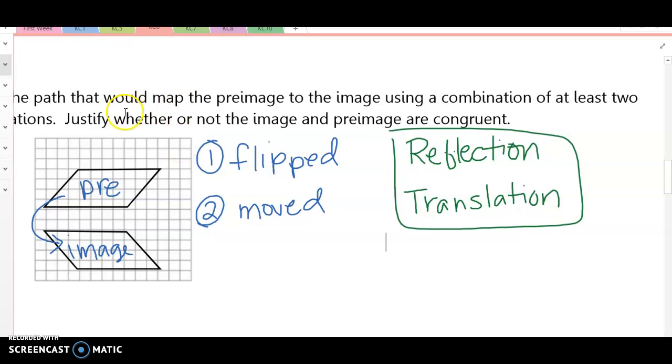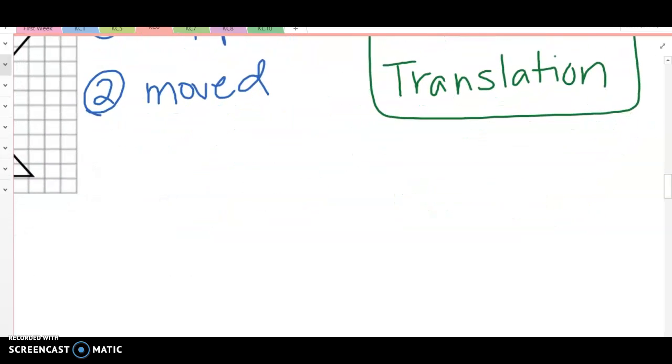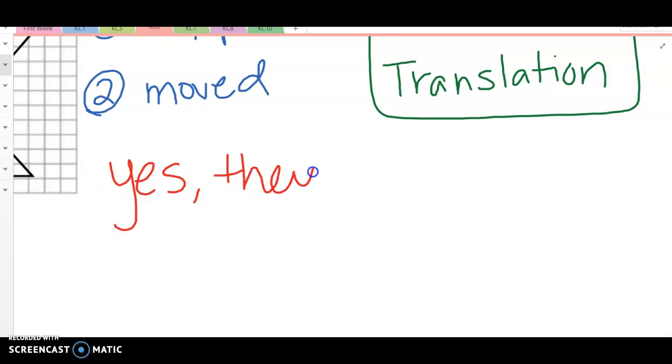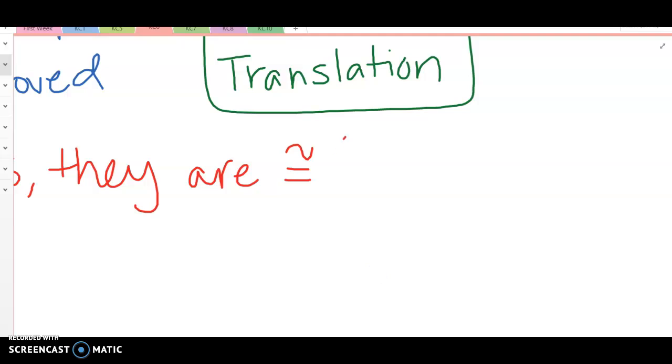Then it also says, second part, justify whether or not the pre-image and the image are congruent. So we would say yes, they are. I'm going to use the symbol for congruent, right? They're congruent.